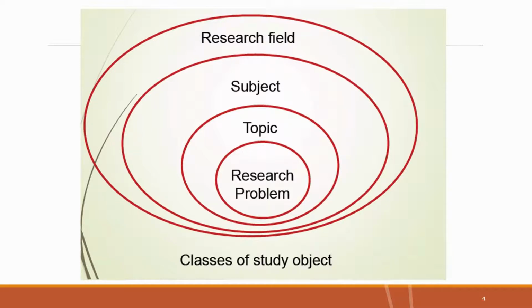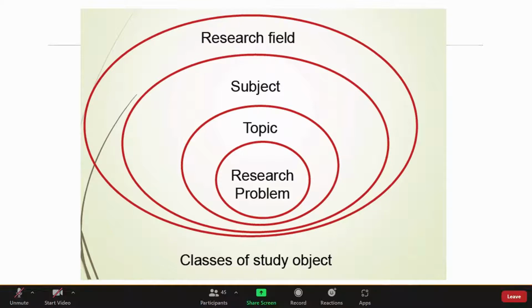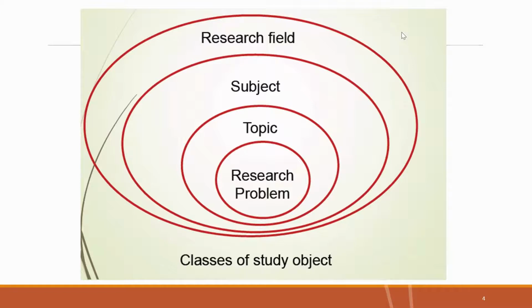So in this slide, we just want to emphasize that for any research, before starting, you have to clarify very carefully the research field, subject, topic, and research problem, because sometimes people mix up a topic and research problem, and even research field and subject. Why do we have to classify them carefully?